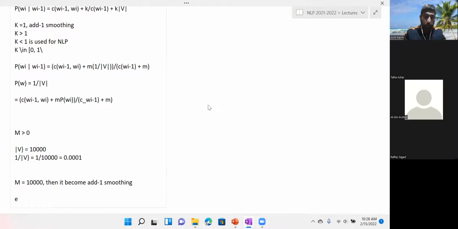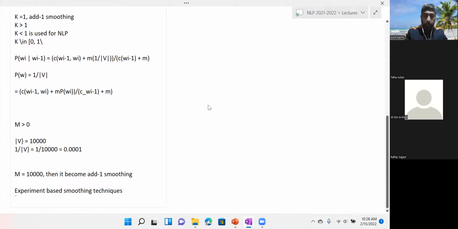So these are empirical, or experiment-based, smoothing techniques. We will discuss two main ideas here.